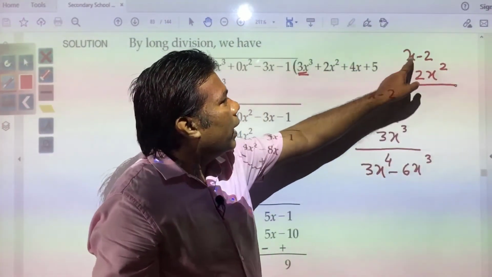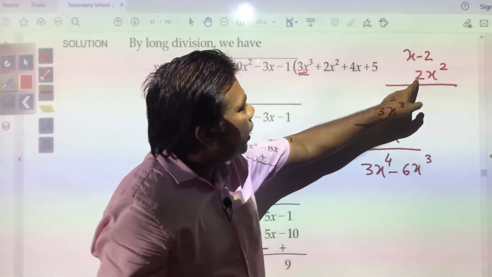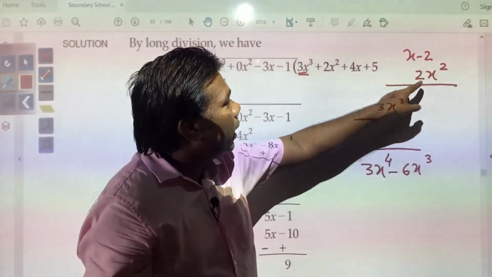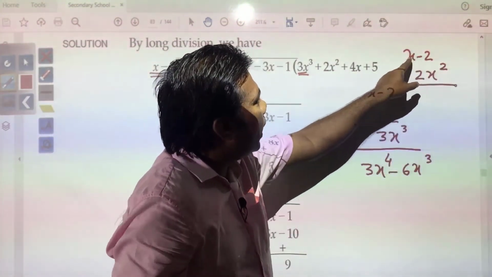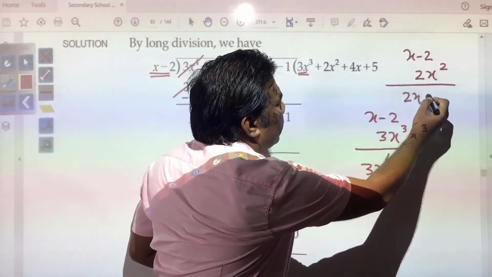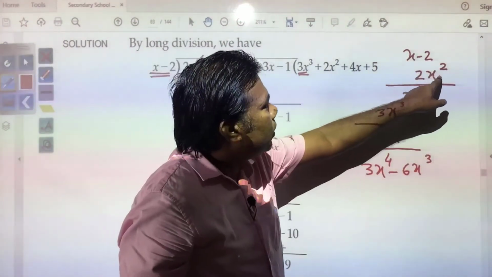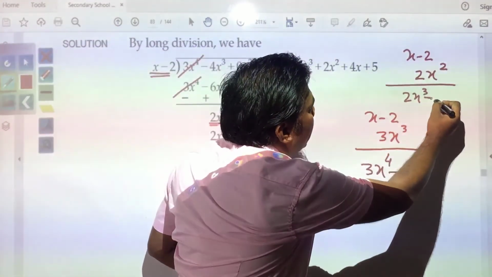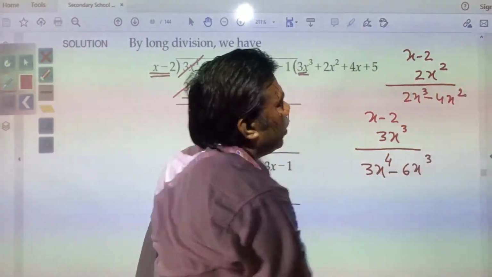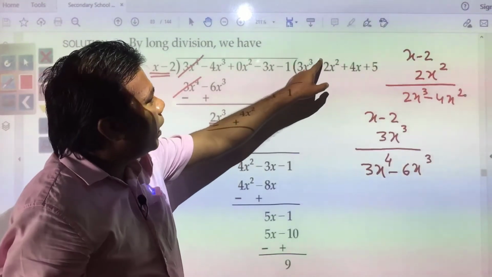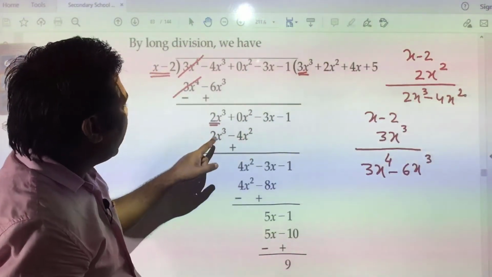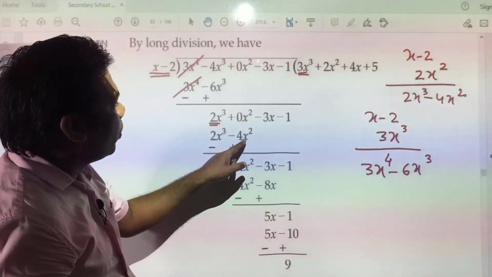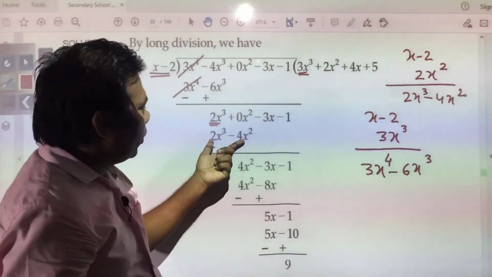If you are multiplying x minus 2 by 2x square, what will you get? 2x square into x, you will get 2x cube. 2x square into minus 2 will be minus 4x square. So multiplying by 2x square, you have got 2x cube minus 4x square. This will be written over here.